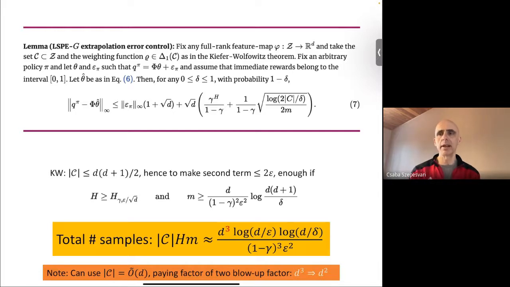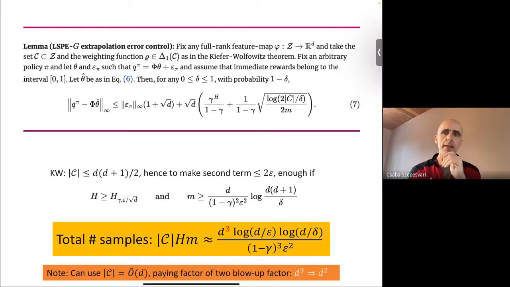It would increase by a factor of 2. So you can play this game that the first factor is now increased by a factor of 2. So instead of square root d there, you have 2 times square root d. And now the d cubed is becoming d squared, which is still not optimal.